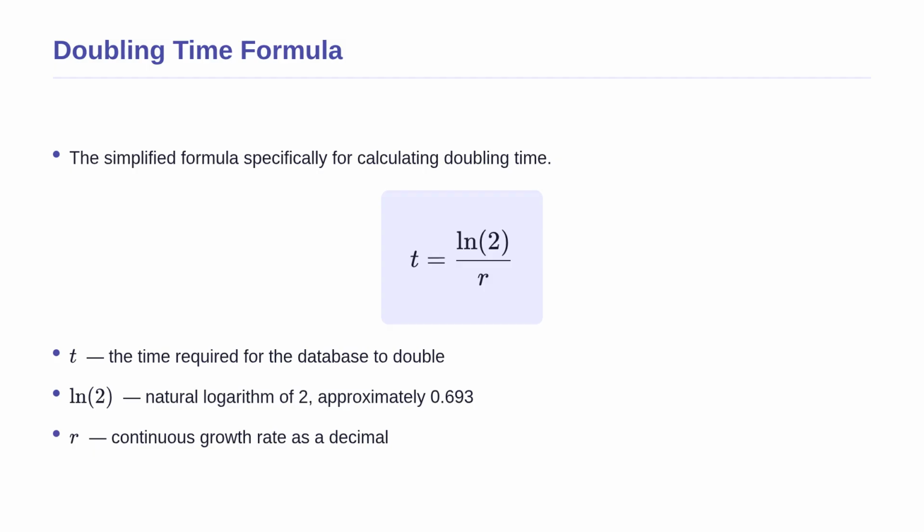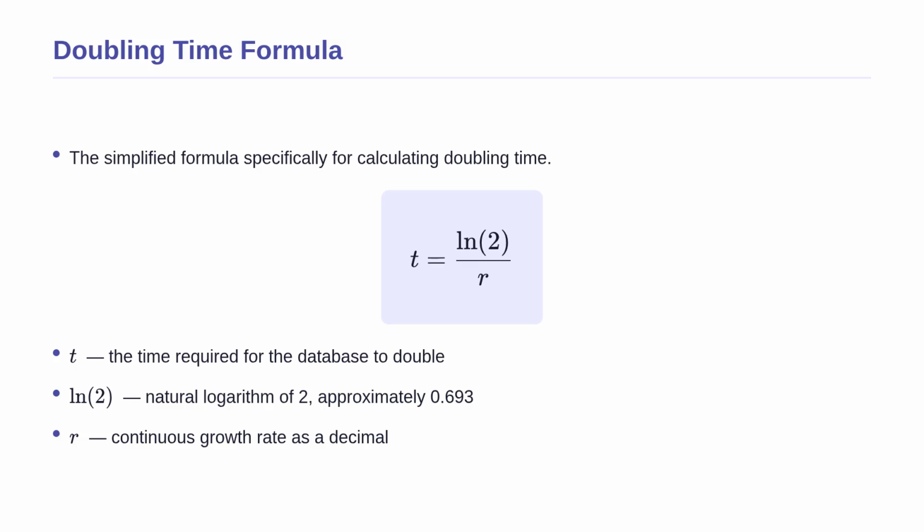To make these capacity predictions easier, we use a specialized version of our growth equation. This formula is derived directly from the exponential growth model by setting the future amount to twice the initial amount. In this formula, t is the doubling time we want to find. The numerator is the natural logarithm of 2, which is a mathematical constant, approximately equal to 0.693.